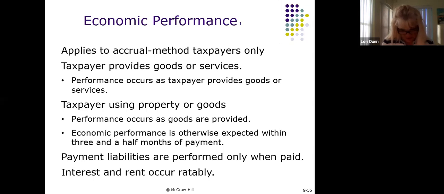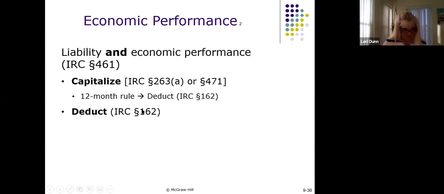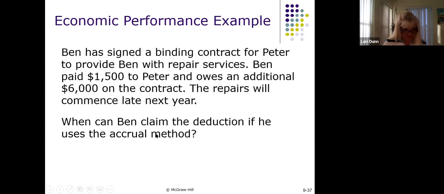All right. There is an exception. We'll come back to that. Middle of page 9-26. One of the most common exceptions to any economic performance is the recurring item exception. Under this exception, accrual method taxpayers can deduct certain expenses even if economic performance has not occurred by the year end.